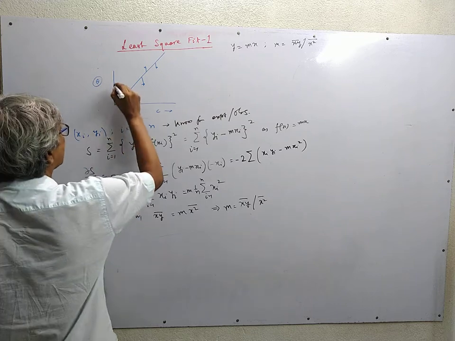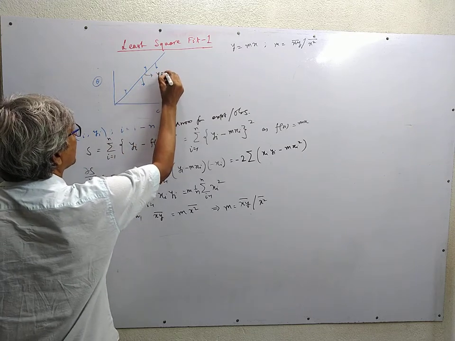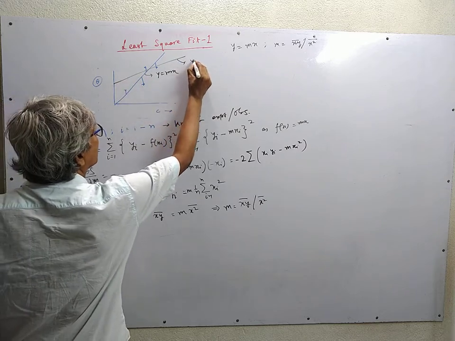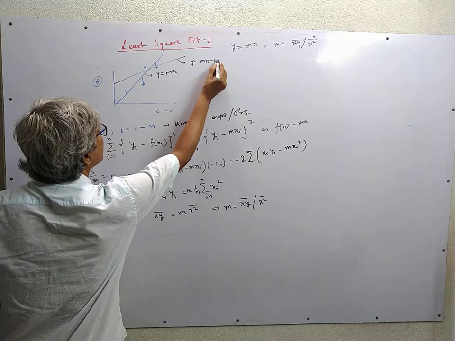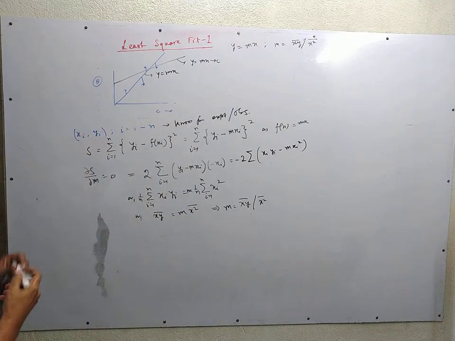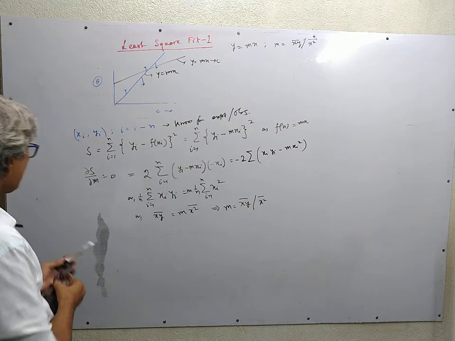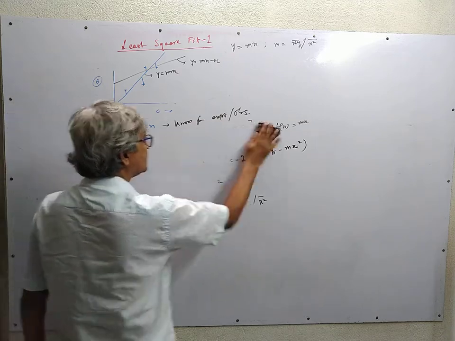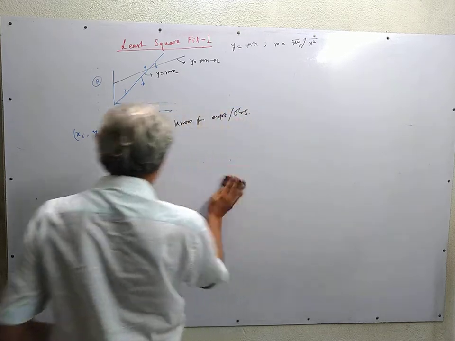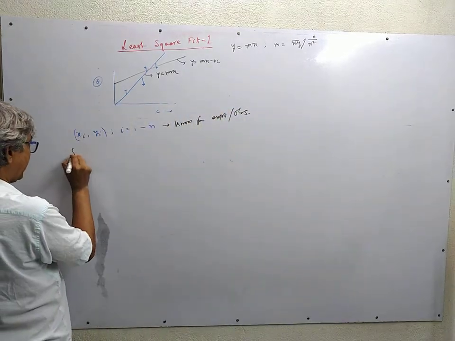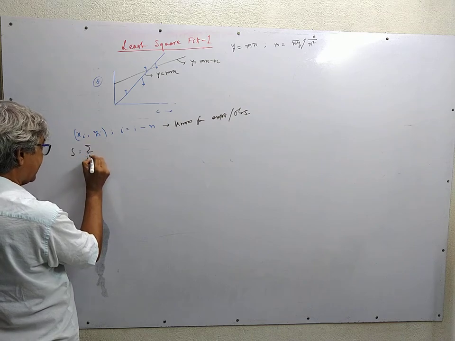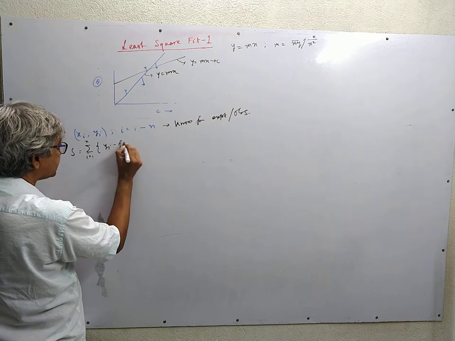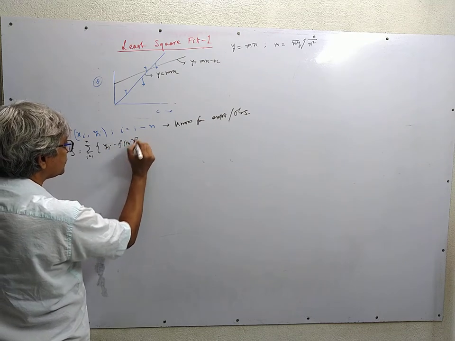We may have the curve like this. For this curve we set y is equal to mx plus c, in which case this function will change, and the sum square error in this case is defined as summation over i is equal to 1 to n, yi minus f of xi whole square.